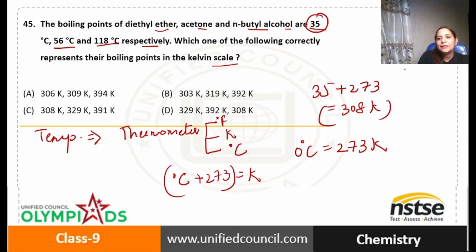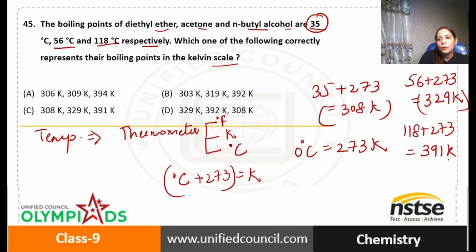Likewise, 56 degrees Celsius can be converted to Kelvin again by adding 273, and you will get 329 Kelvin. Third, 118 can be converted into the Kelvin scale by adding 273, and it comes out to be 391 Kelvin.